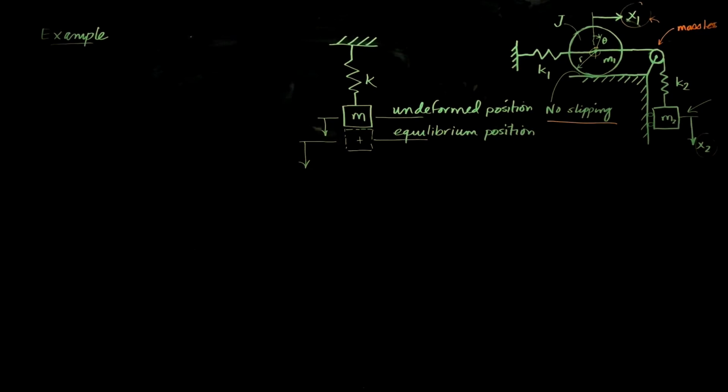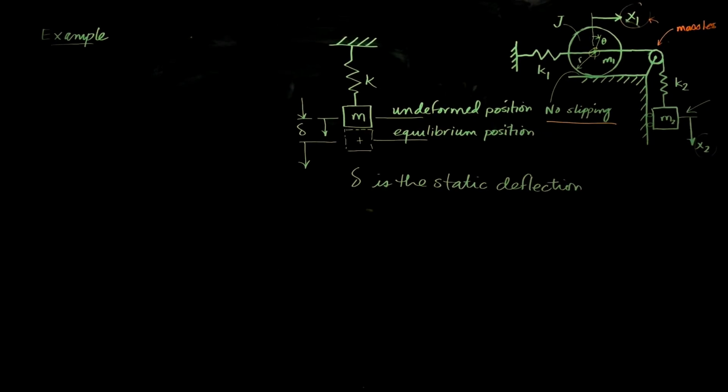Now, the difference between the two positions is delta, which is the static deflection, and obviously K times delta is equal to mg.